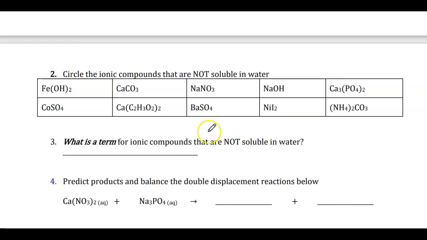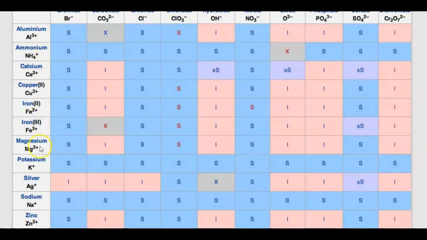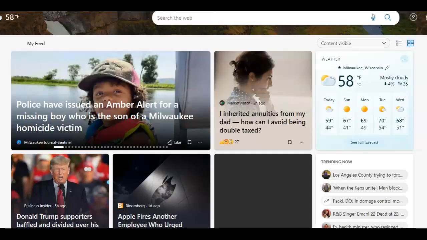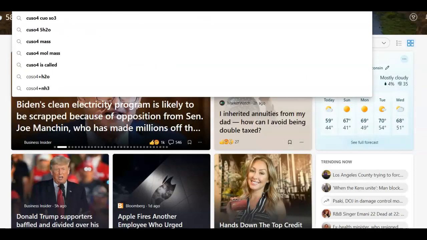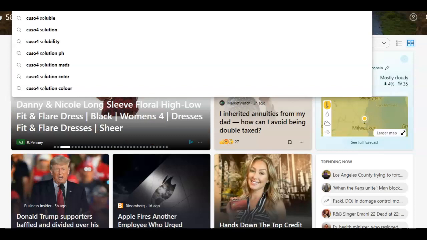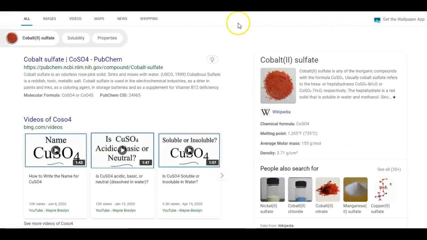Go here and circle the ionic compound that are not soluble. So insoluble, right? The first one. Another one, CoSO4. Go here, CoSO4 not given, right? But you can use Google. So CoSO4 solubility or just Wikipedia, right?